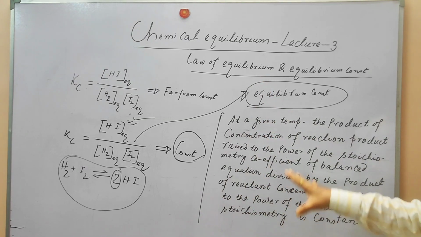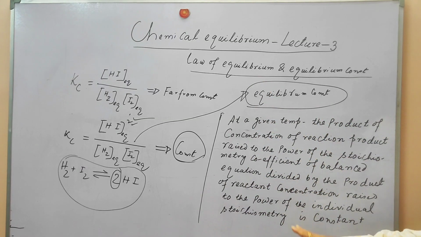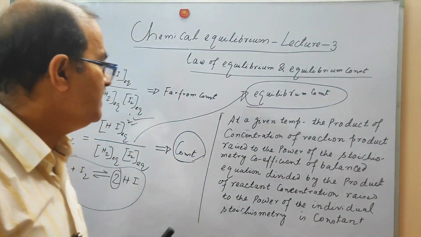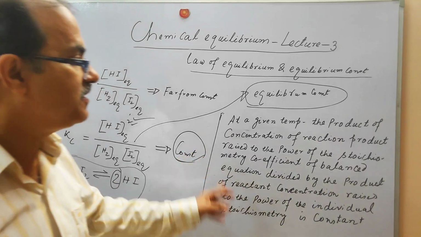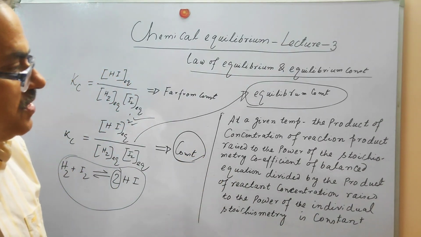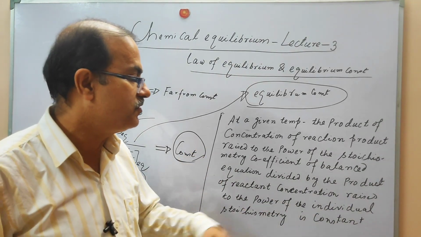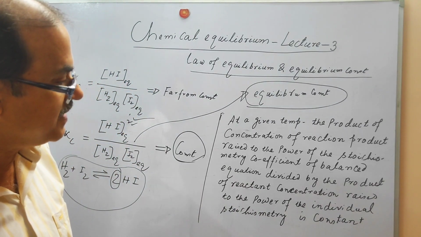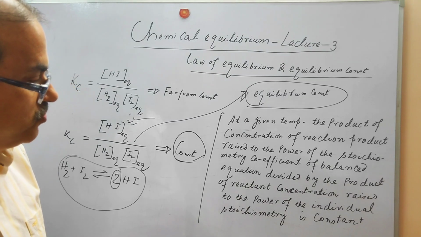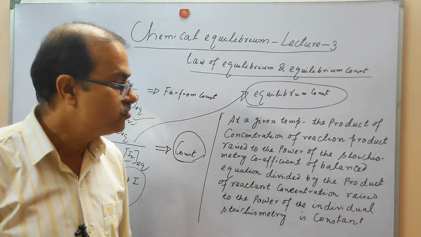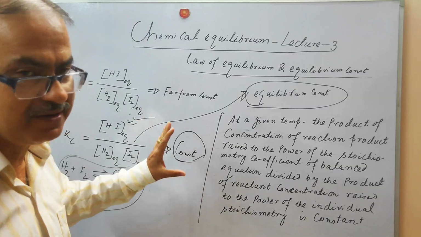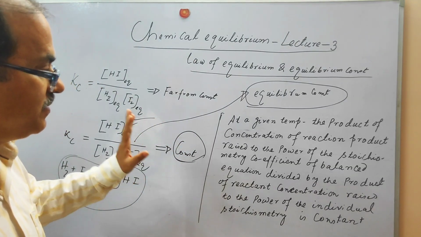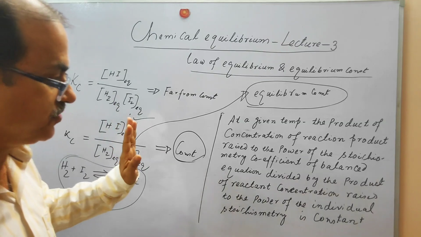So the law of chemical equilibrium is this: at a given temperature, the product of the concentrations of the reaction products raised to the power of the stoichiometric coefficients of the balanced equation, divided by the product of the reactant concentrations raised to the power of the individual stoichiometry, is constant. For a general reaction, let us try to understand the equilibrium expressions.